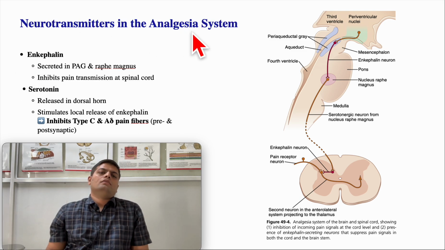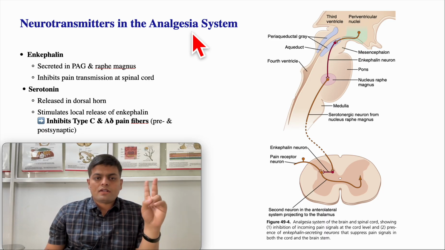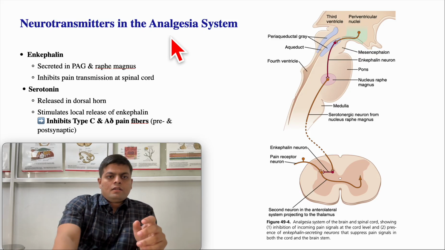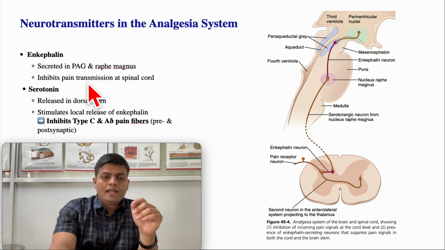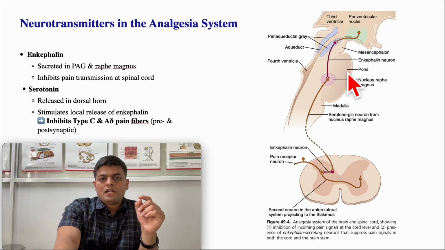Neurotransmitter involved in analgesia system. There are two neurotransmitters which are mainly involved in analgesia system. Number one, enkephalin, and number two is serotonin. Enkephalin is secreted in periaqueductal gray and nucleus raphe-magnus.